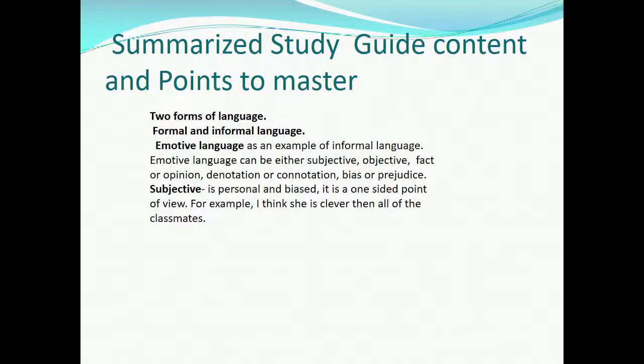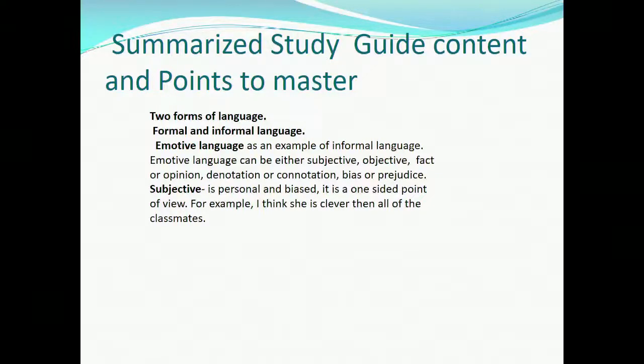Okay, we have 2 forms of language, the formal one and the informal one. The informal language has a few components under it, and these are the components that I want you to master. We have emotive language, which is a part of informal language.